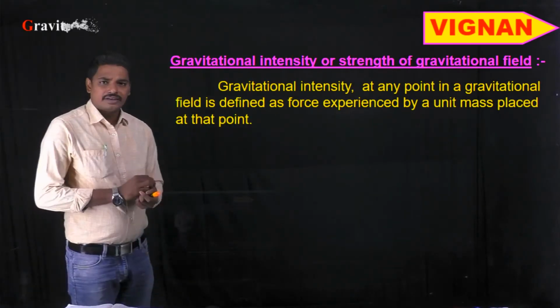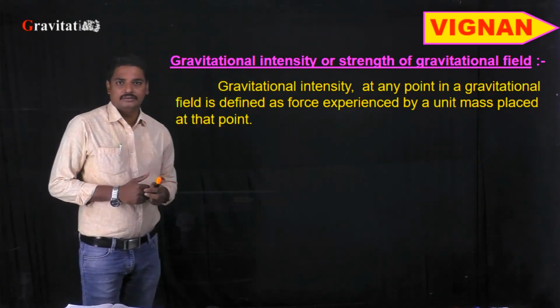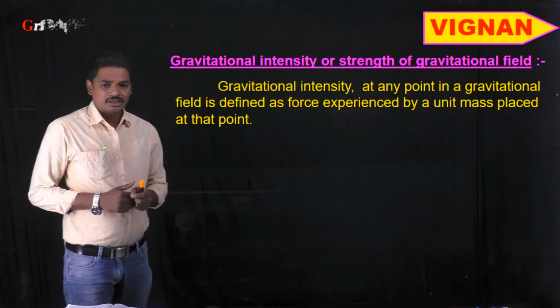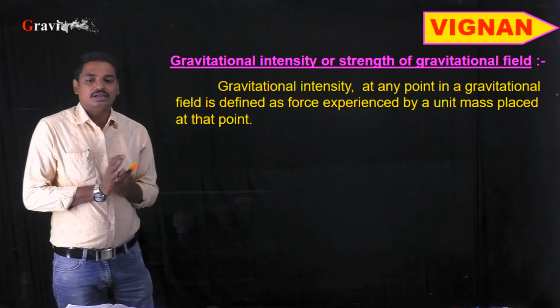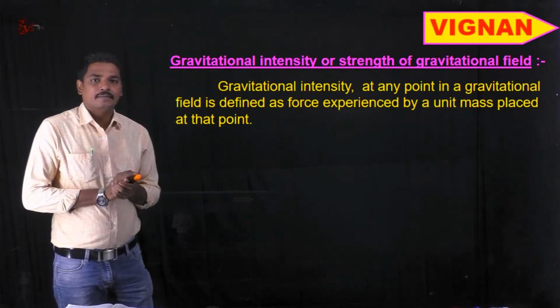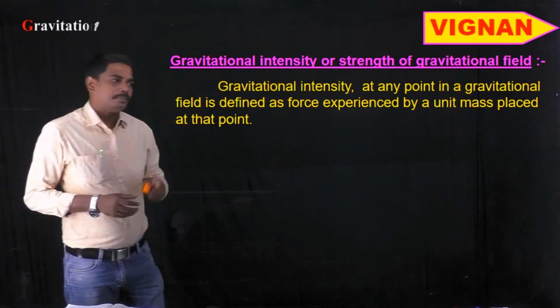The next one is gravitational intensity, or strength of the gravitational field. The gravitational intensity at a point in the gravitational field is defined as the force experienced by a unit mass placed at that point.